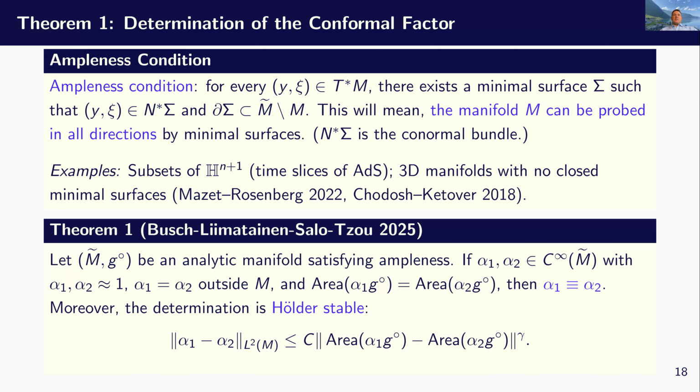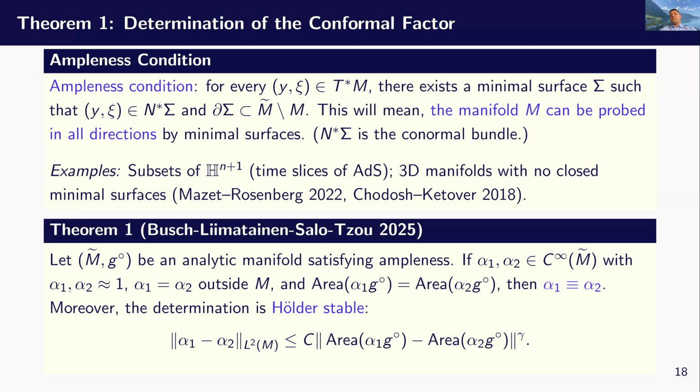Our main result is this one. Let (M tilde, G0) be an analytic manifold satisfying this ampleness condition. So G0 is the background metric, and it's analytic. Now, consider conformal factors alpha 1 and alpha 2. They are not analytic; they can, for example, be smooth. They are quite close to 1, and they agree outside of M, so basically we assume boundary determination.